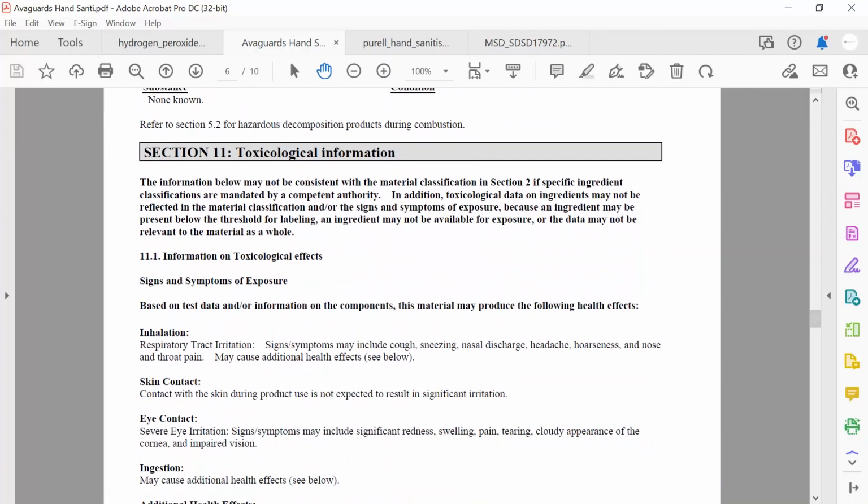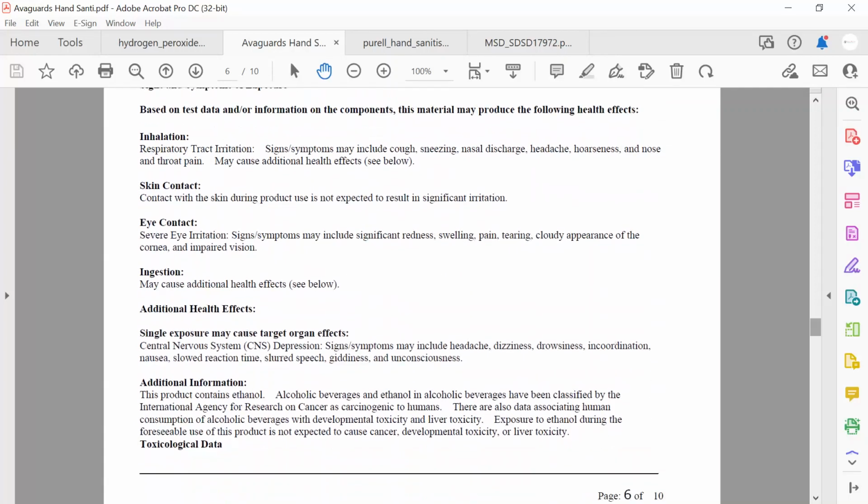And so it does show that inhaling it gives you respiratory tract irritation. You can have some severe eye irritation. You may have additional health effects if you ingest it. They talk about a single exposure that may cause target organ effects for your central nervous system depression, including headaches, dizziness, drowsiness, incoordination, nausea, slowed reaction time, slurred speech, giddiness, and unconsciousness.